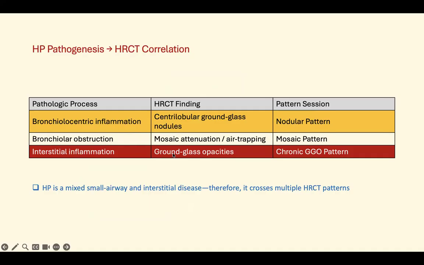Today, we will discuss it in the chronic ground glass pattern session, and we will discuss it again in the mosaic pattern session because of this bronchial obstruction pathogenesis producing mosaic attenuation and air trapping, and we will discuss that in detail with the differential diagnosis at that time.